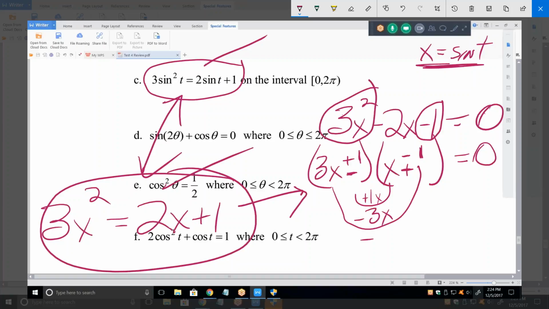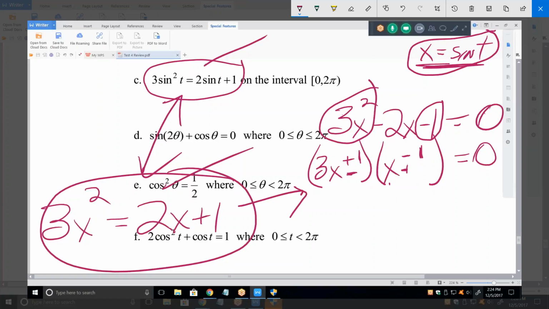Add them together, you get minus 2x. That's our middle term. So we factored it correctly. Now we got to go back and resubstitute. In other words, we did the whole problem as an algebra problem. Now let's go back and make it a trig problem.